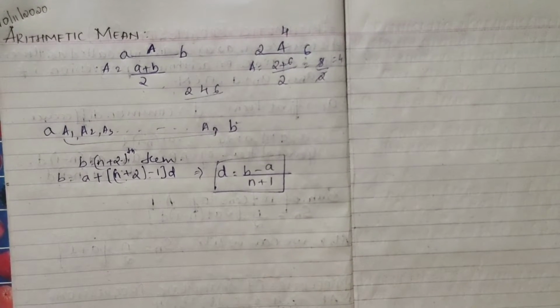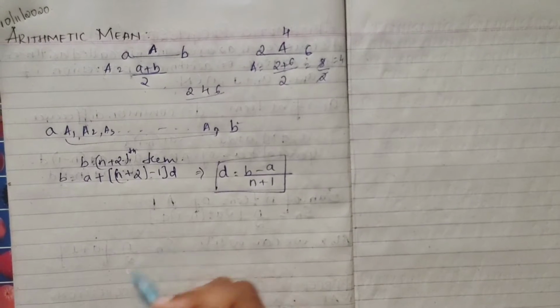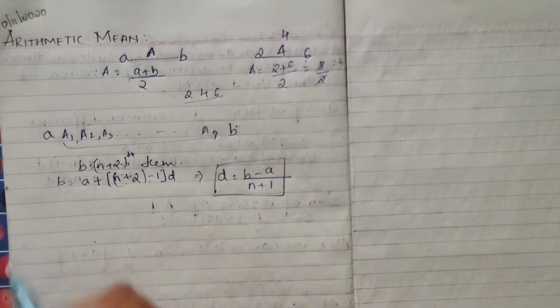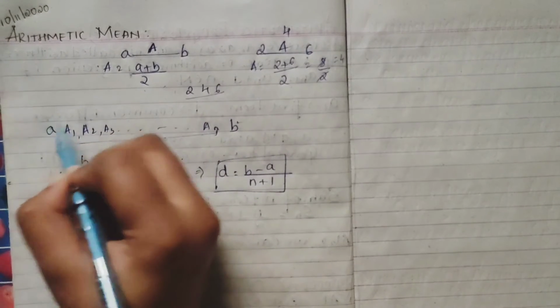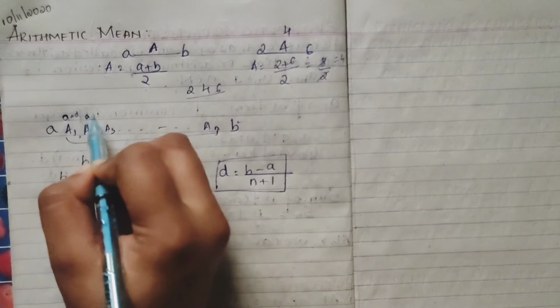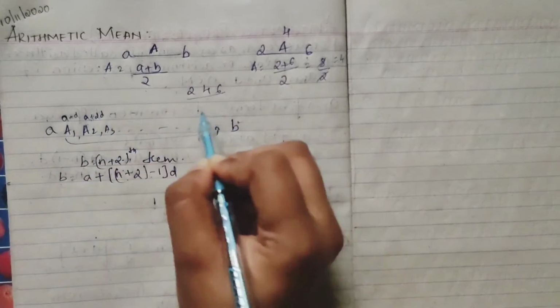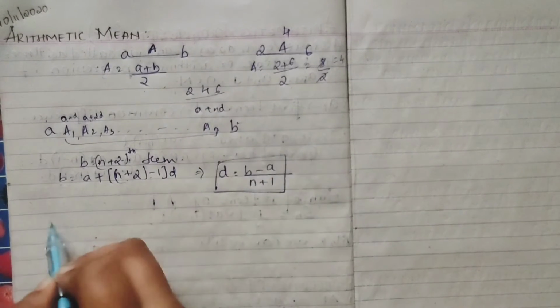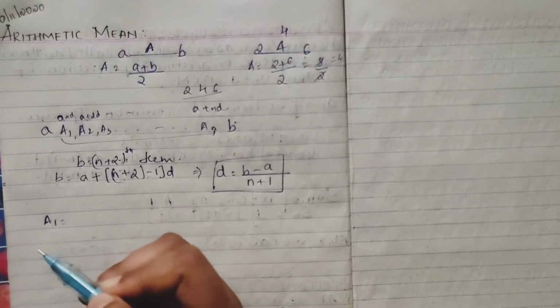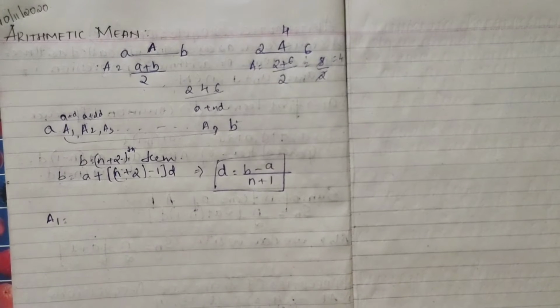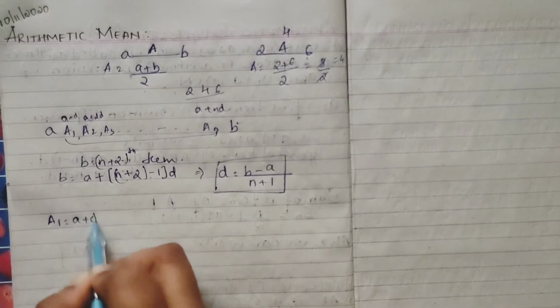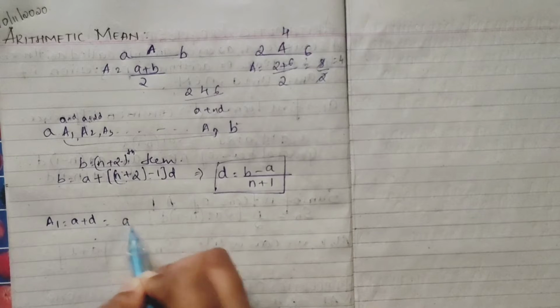Now the n numbers between a and b, how can we find the n numbers between a and b? As per your formula, this is a, then a plus d, a plus 2d, and so on up to a plus n d. So first your a1, how is it? In the general form, a1 is a plus d, right? What is your d?